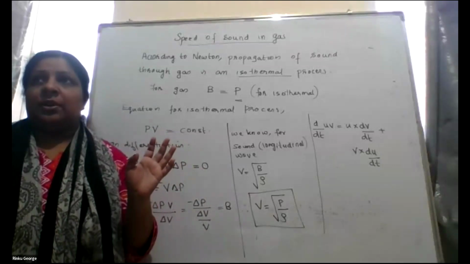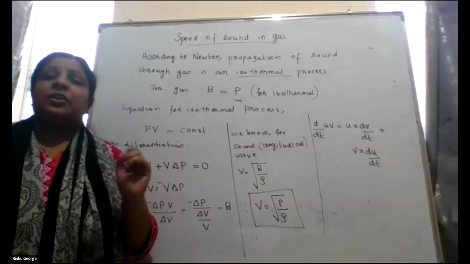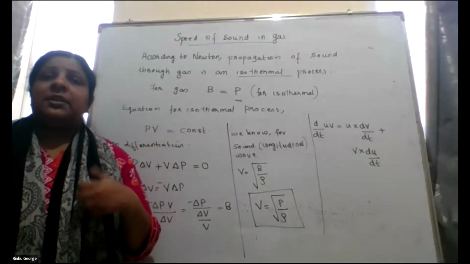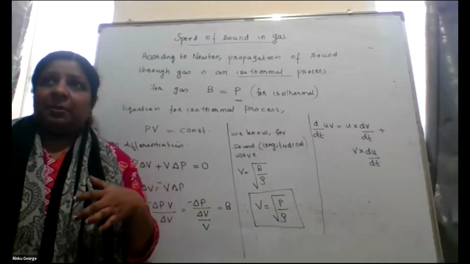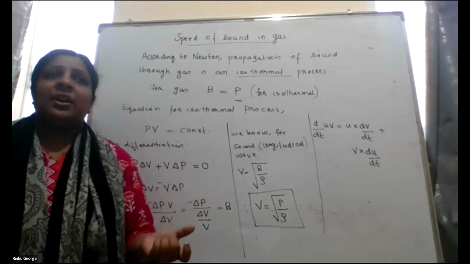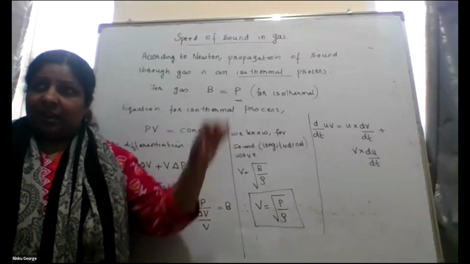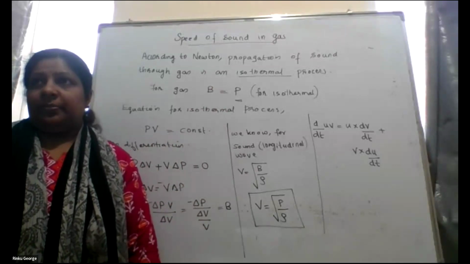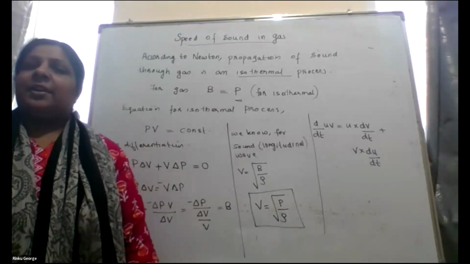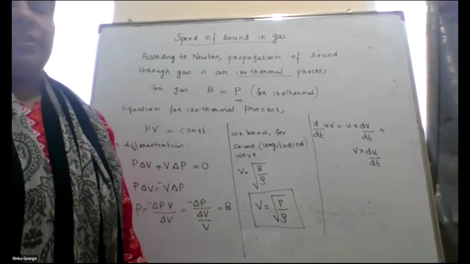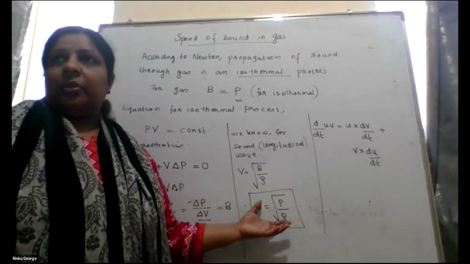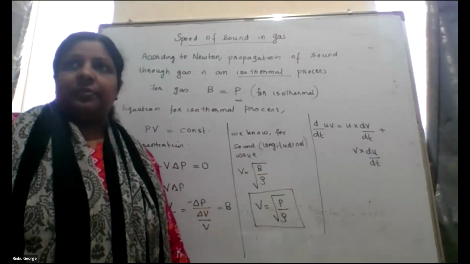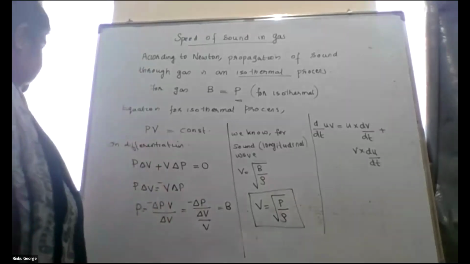If they ask for the Laplace correction, you have to explain: as per Newton, the process was isothermal, but Laplace explained that it is not isothermal, it is adiabatic. And then you have to do the derivation. Understood? So give the side heading Laplace correction. To the same formula, he made a correction.